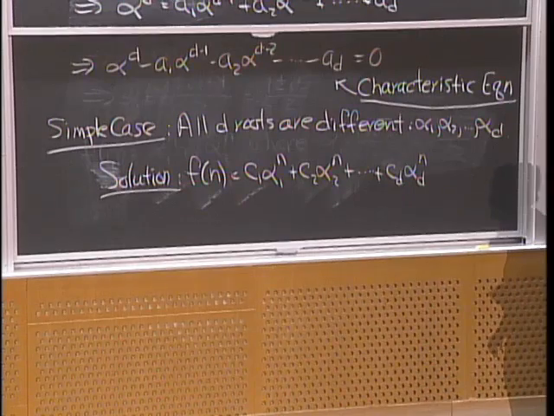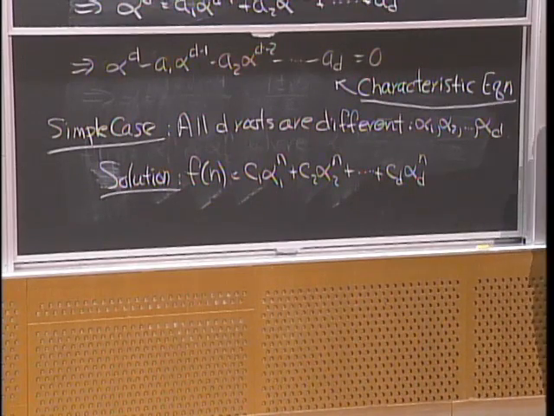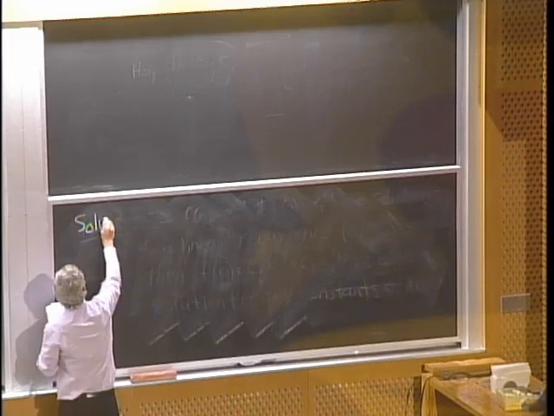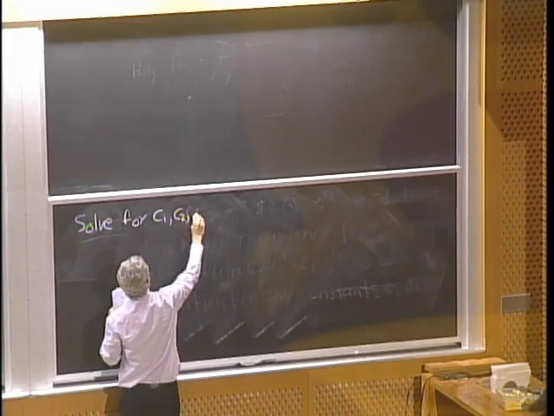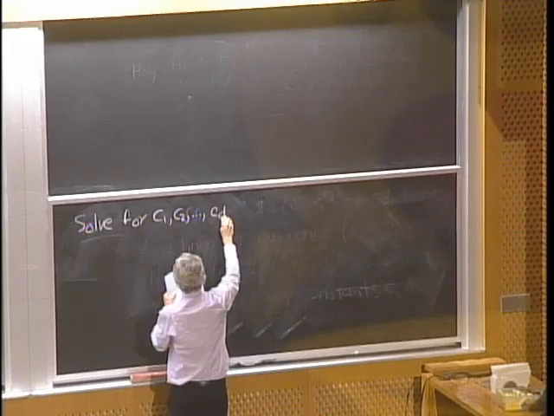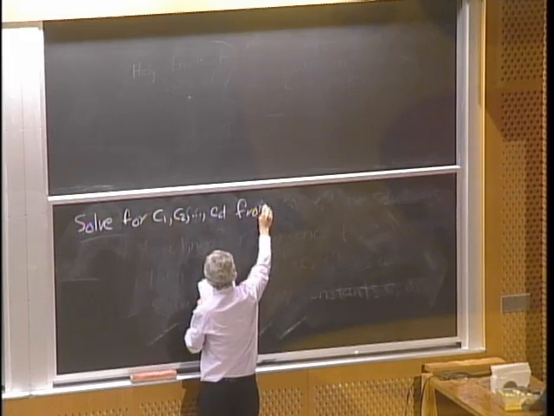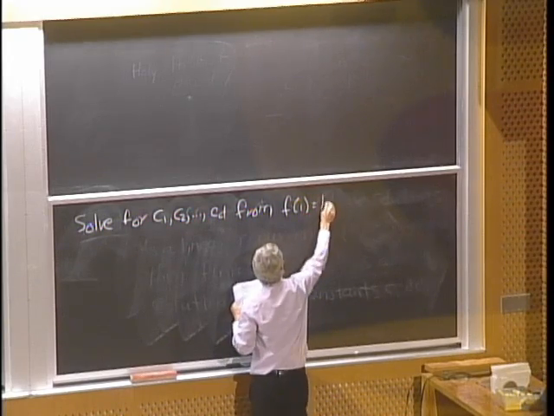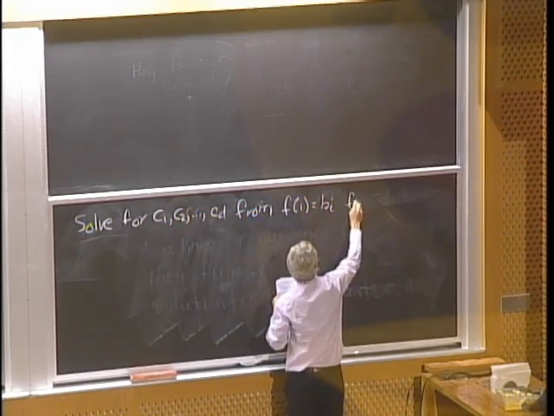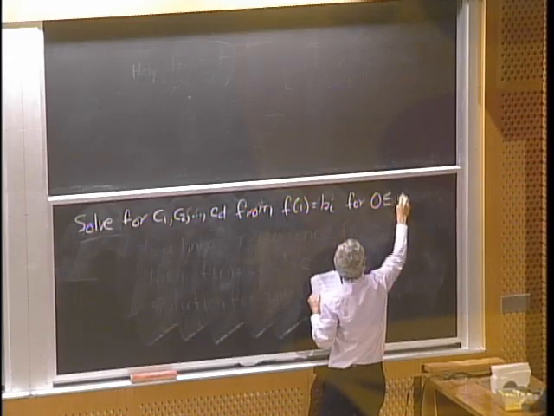What is it? Boundary conditions, yep. So now we solve for C1, C2, Cd from the boundary conditions. That is, f of i is b of i for i from 0 to d.